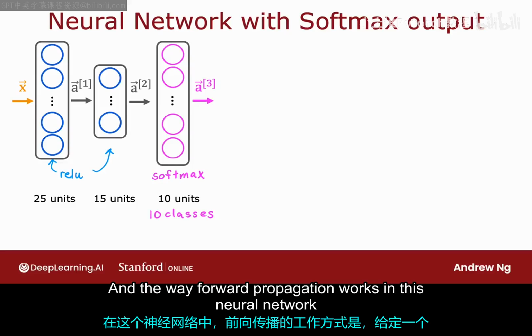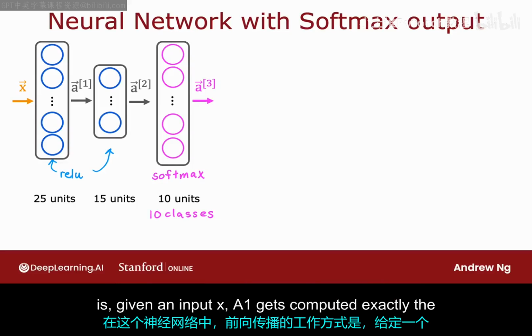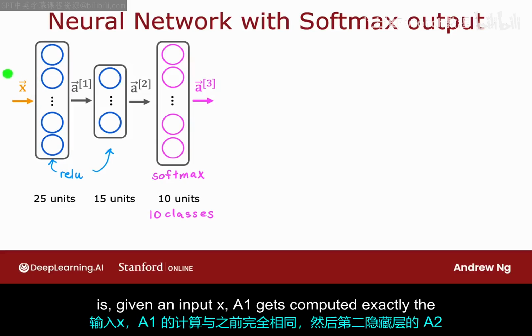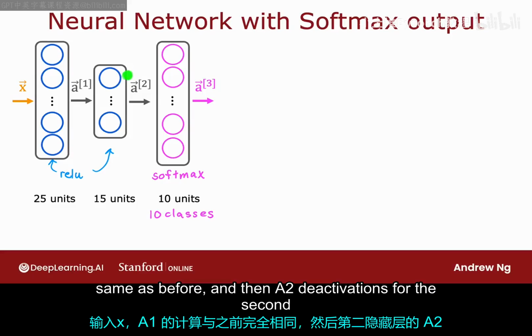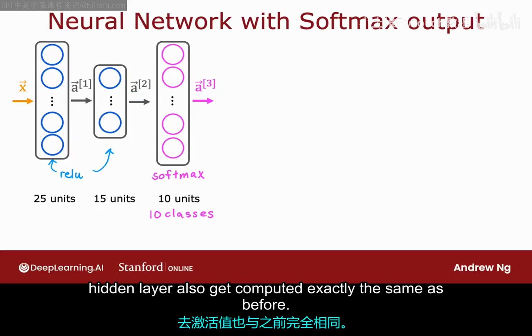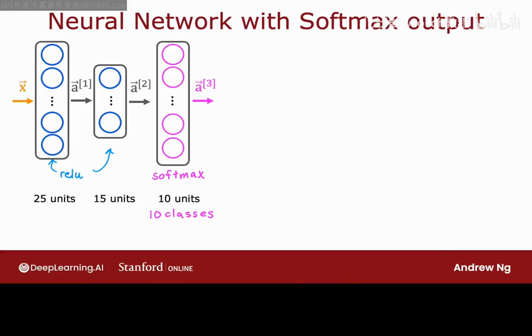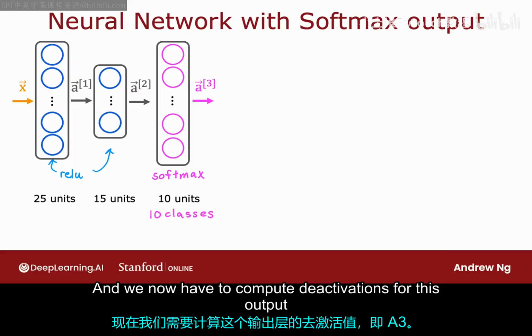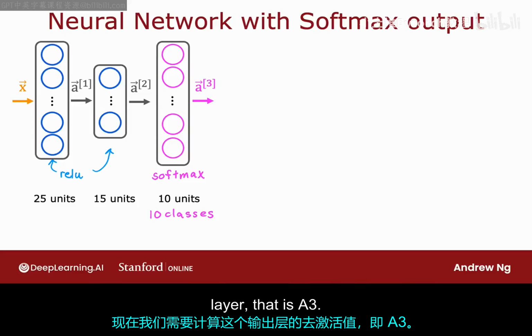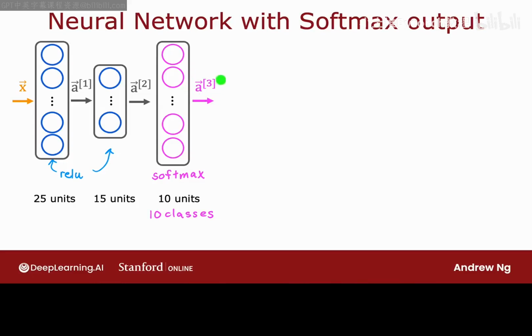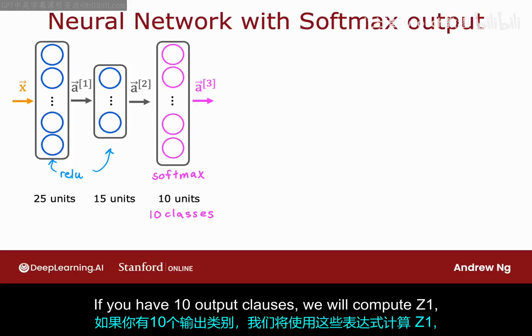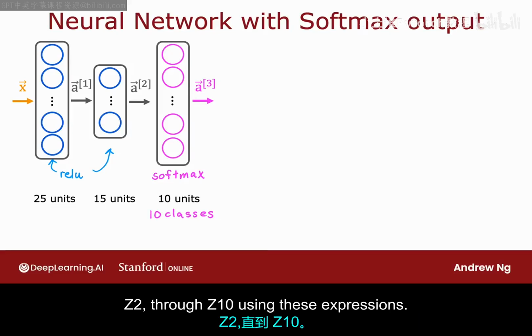And the way forward propagation works in this neural network is, given an input x, A1 gets computed exactly the same as before, and then A2, the activations for the second hidden layer, also get computed exactly the same as before. And we now have to compute the activations for this output layer. That is A3. This is how it works. If you have 10 output classes, we will compute Z1, Z2 through Z10 using these expressions.